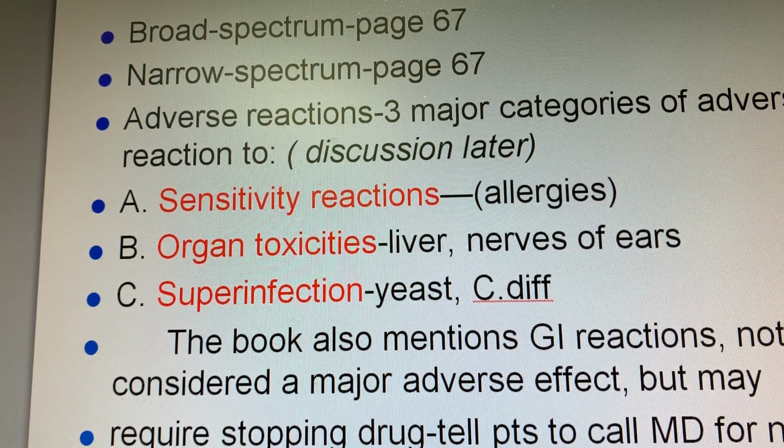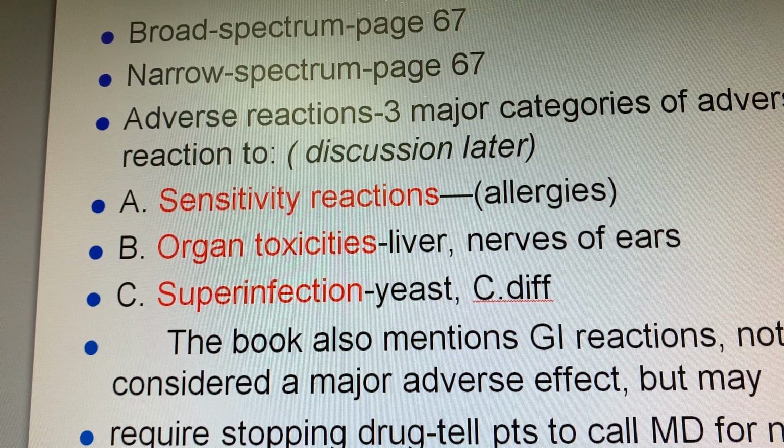But notice all 3 of these adverse reactions are in red, and so that guarantees that you are going to see these throughout this chapter and on quizzes and tests. So the 3 adverse reactions, and you might as well learn them now because you're going to have to learn them later. Sensitivity reactions, and we know that a sensitivity reaction refers to an allergy.